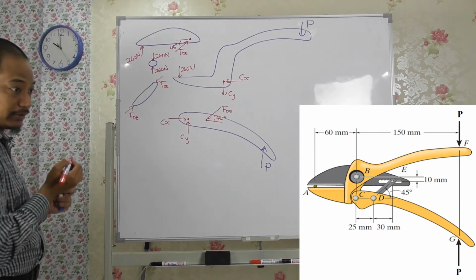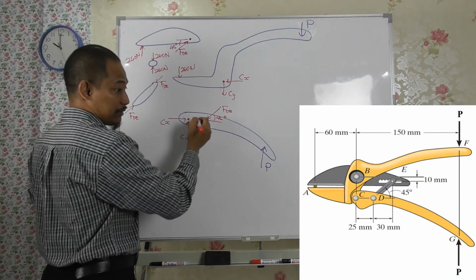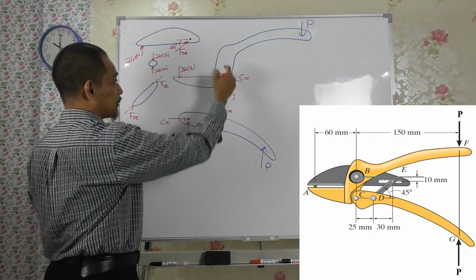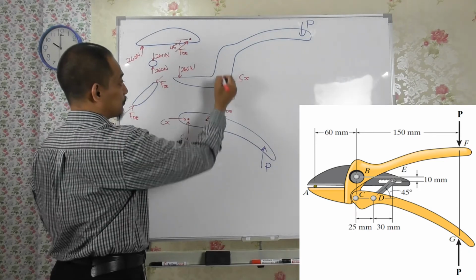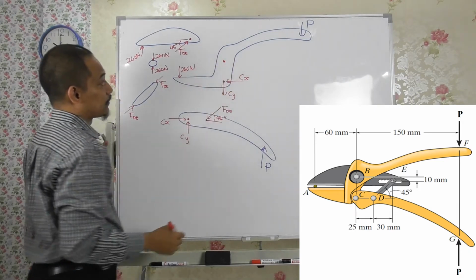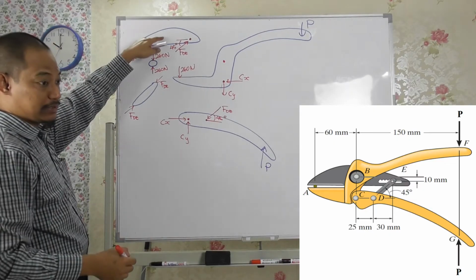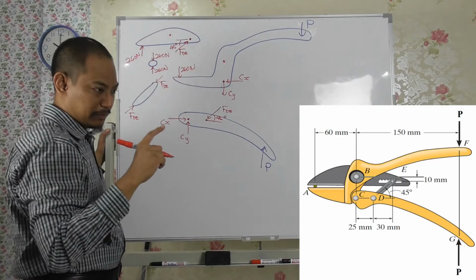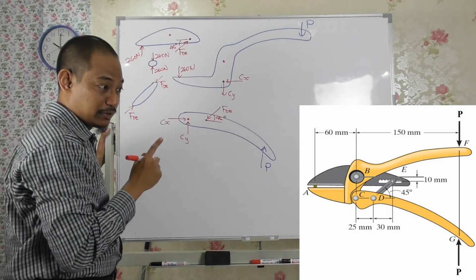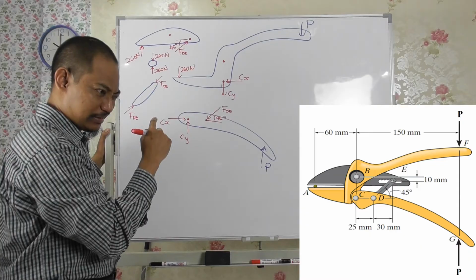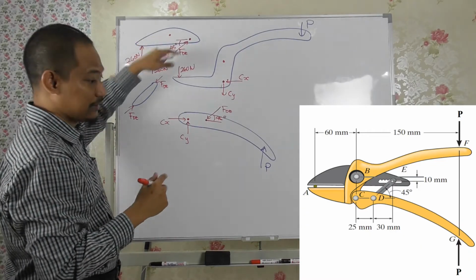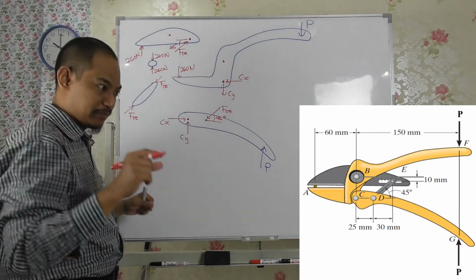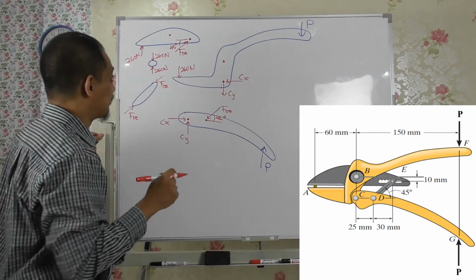Then you have another point, point B, where on this one is on top of this one is one line somewhere here. Point B connected to point B here, right? So it is not the same line. If you notice carefully, look between point B and point E, there's a distance there, which is the 10 millimeter.